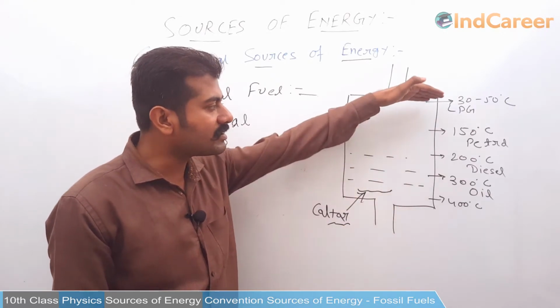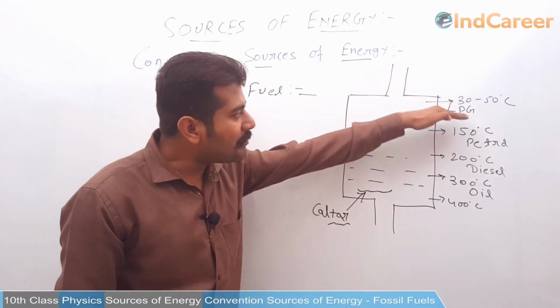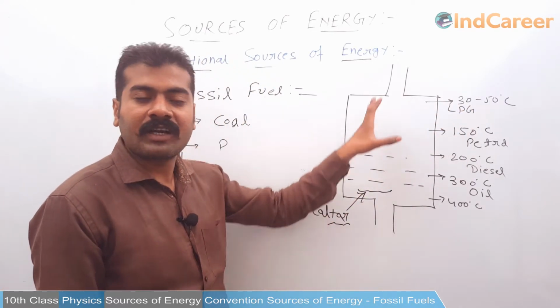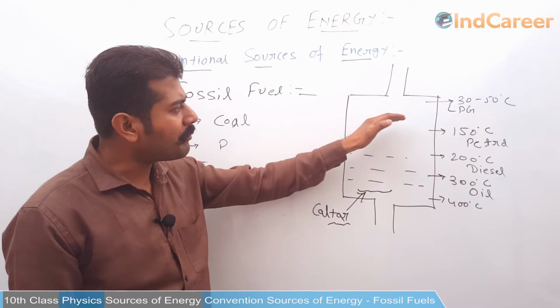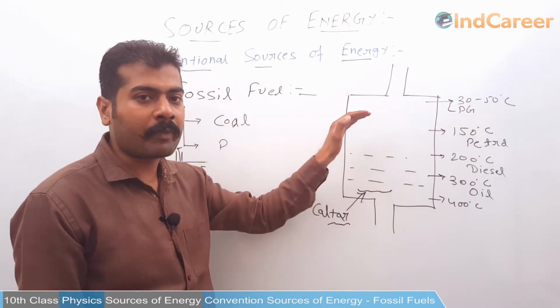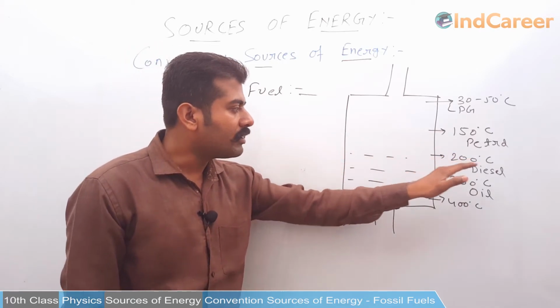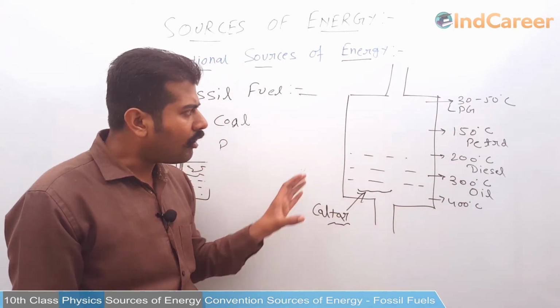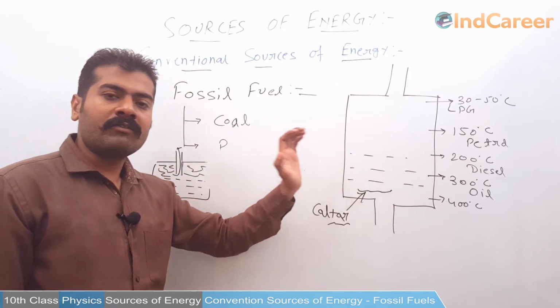LPG is a product of fractional distillation of petroleum, obtained by heating at about 30 to 50 degrees Celsius. Petrol, diesel and oil are all products of fractional distillation of petroleum.